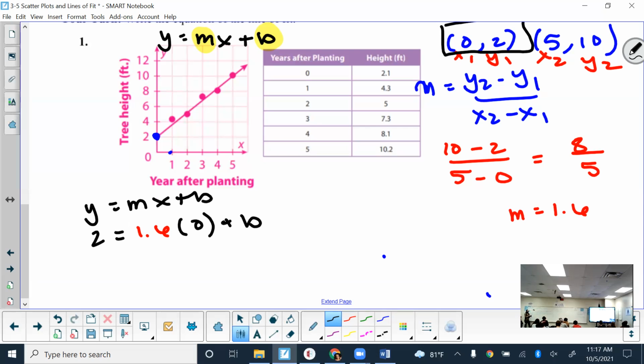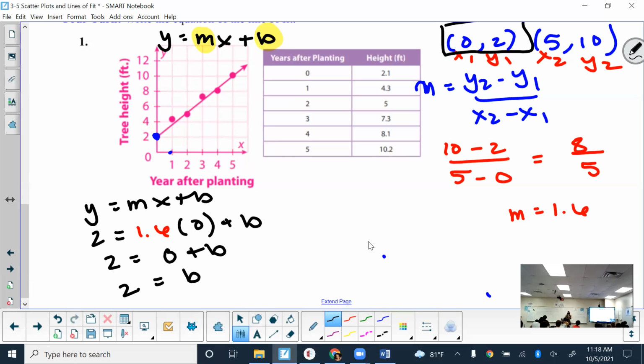All right, what is 1.6 times 0? 0. So I have 0 plus b equals 2. What does b equal? 2. Did anyone notice that I didn't really have to do this? That I could have just looked at the points and saw that the y-intercept is when x is 0 and just picked that? Yeah.